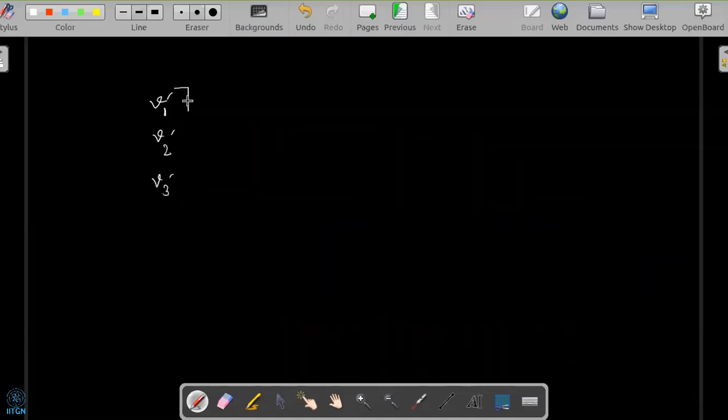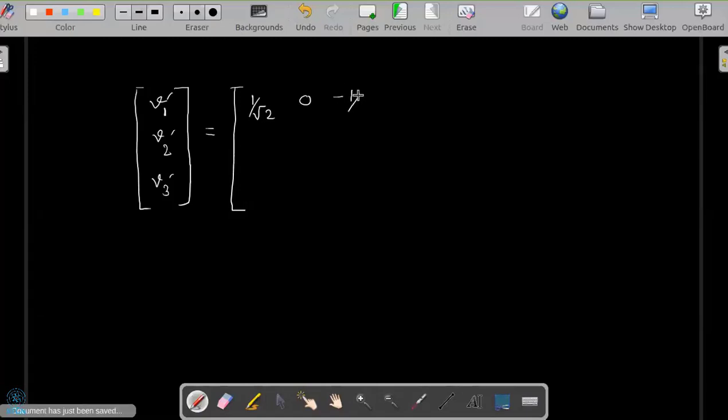These are the components of the same vector v in the new set of axes. The matrix is 1 by root 2, 0, minus 1 by root 2, 0, 1, 0, 1 by root 2, 0, 1 by root 2.